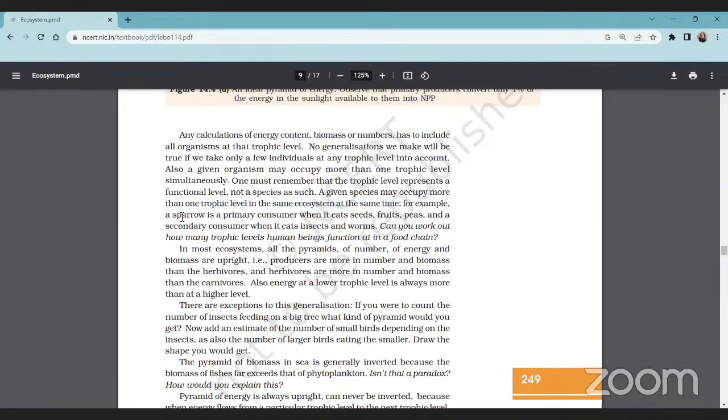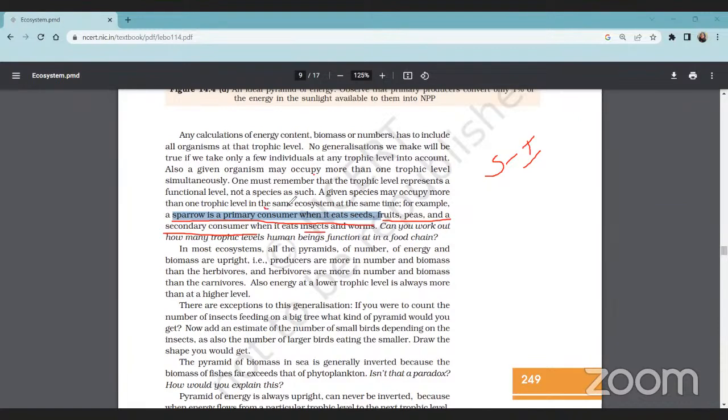If we take the example, a sparrow is a primary consumer when it eats seeds, fruits, and peas, and a secondary consumer when it eats insects. The sparrow eats seeds, fruits and peas, and it also eats insects. When the sparrow eats fruits, nuts and seeds, it is considered a primary consumer.